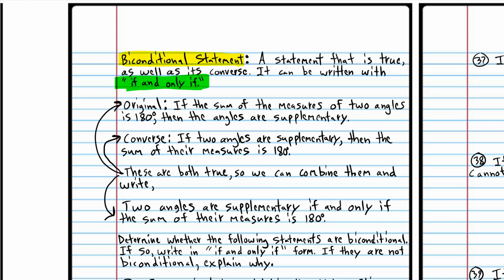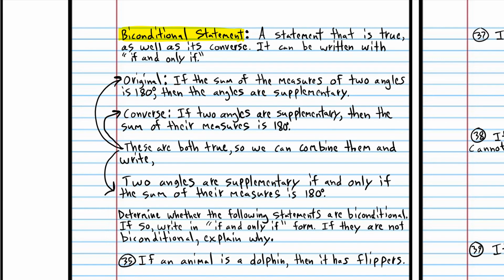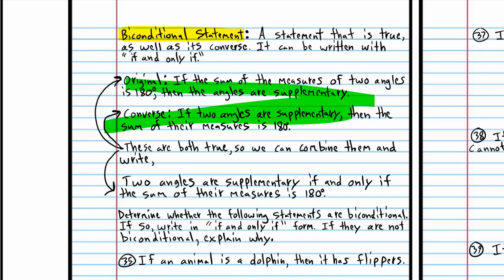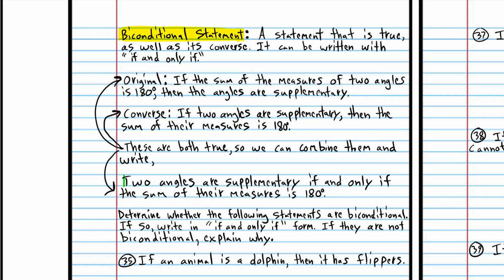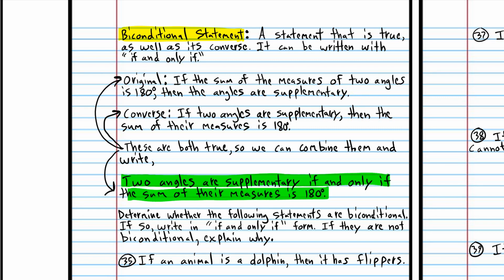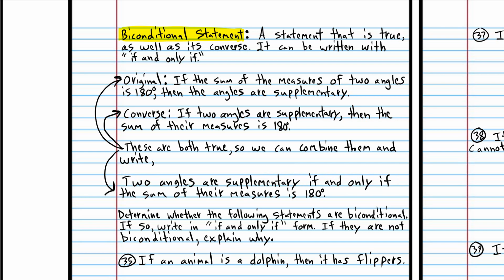If and only if is used for biconditional statements when the original statement and the converse are both true. So now we can combine these two statements with if and only if to make a biconditional statement. Two angles are supplementary if and only if the sum of their measures is 180 degrees. So all that if and only if means is that the converse of the statement is true also.